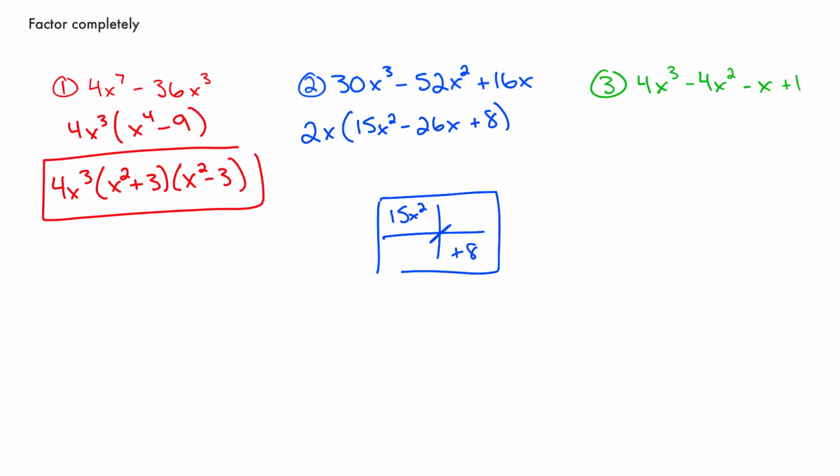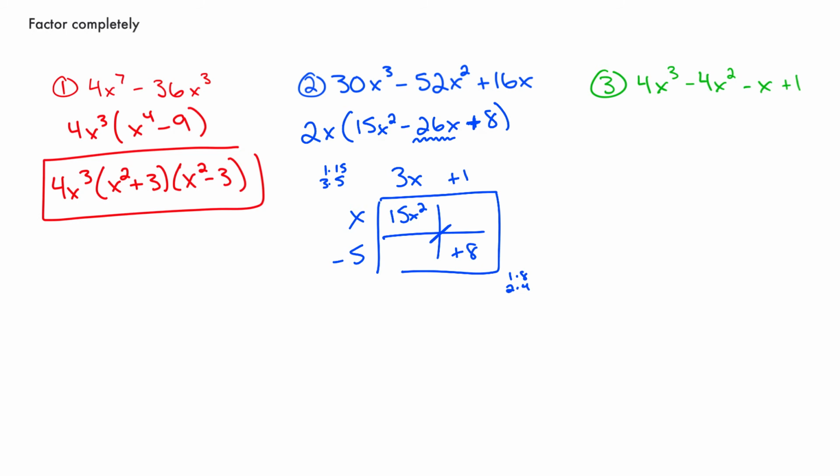And whatever ends up in these 2 boxes, they're going to have to add together to get me that 26x. I really hate this problem because the 15 in front of the x squared is not prime. You can get that by multiplying 1 times 15 or 3 times 5. And 8 is 1 times 8 and 2 times 4. You got to try all the possible combinations until you get to the right solution.